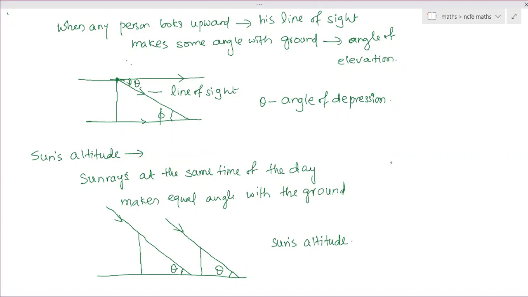As compared to the sun, the earth is a point size. So any rays reaching the surface of the earth will always make the same angle with the ground. And that angle of elevation is called the sun's altitude.